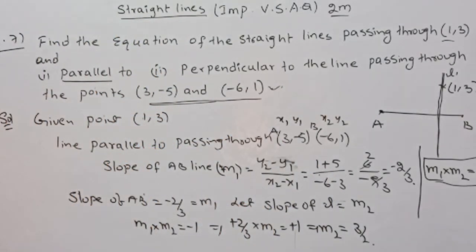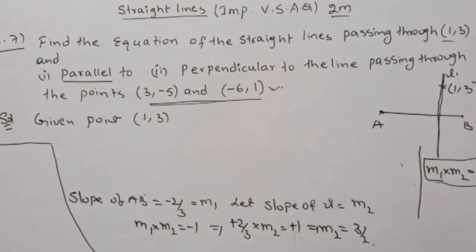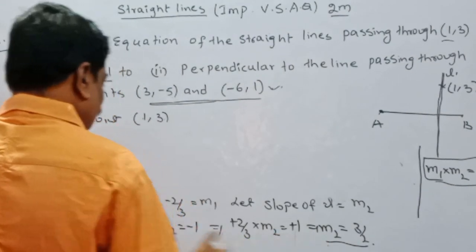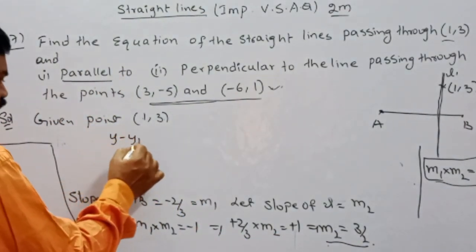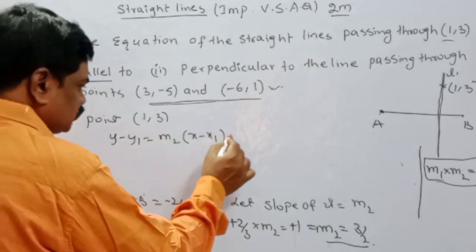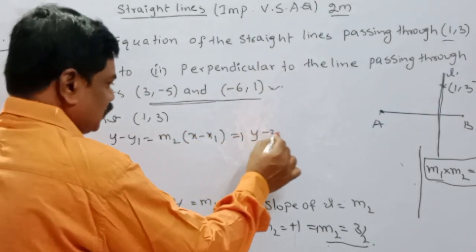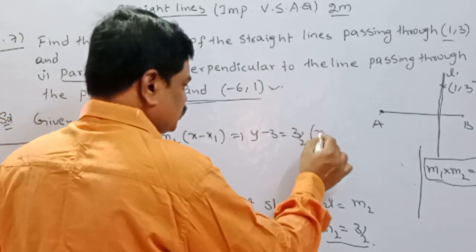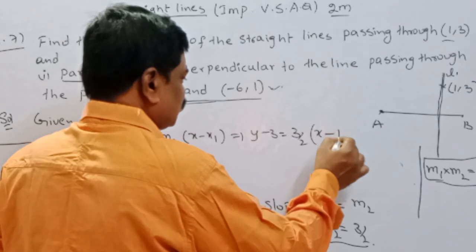Then what is the equation of the line? Here m2 is the slope. y minus y1 is equal to m2 into x minus x1, so y minus 3 is equal to 3 by 2 into x minus 1.